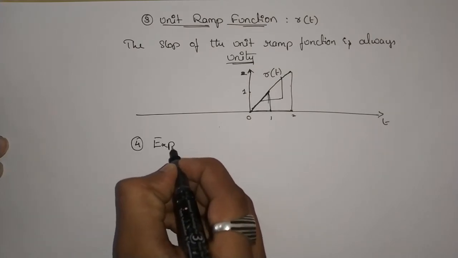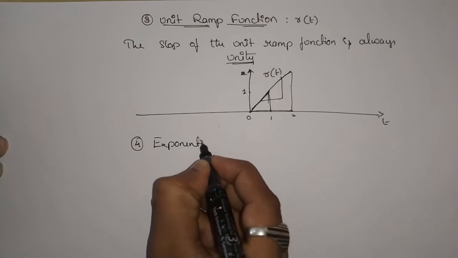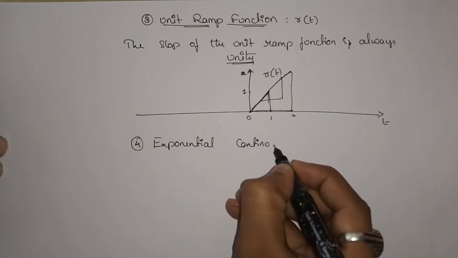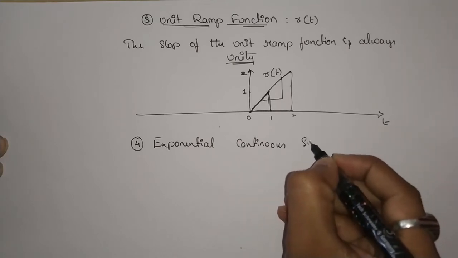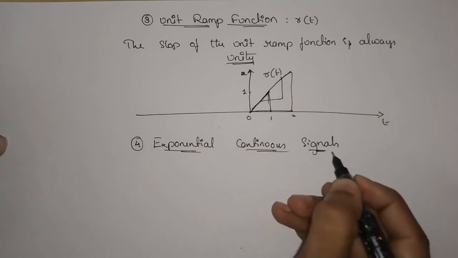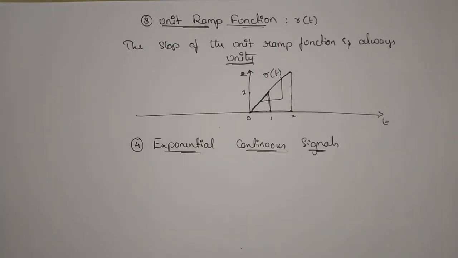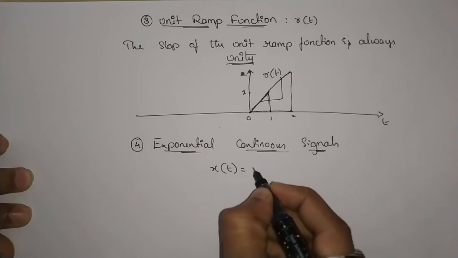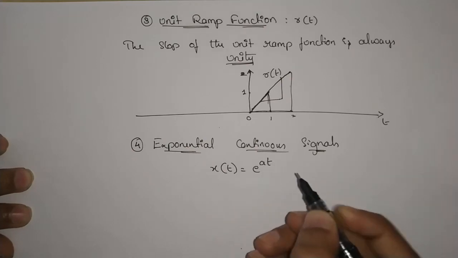exponential continuous signals. Exponential continuous time signals are represented by x of t is equal to e power at.